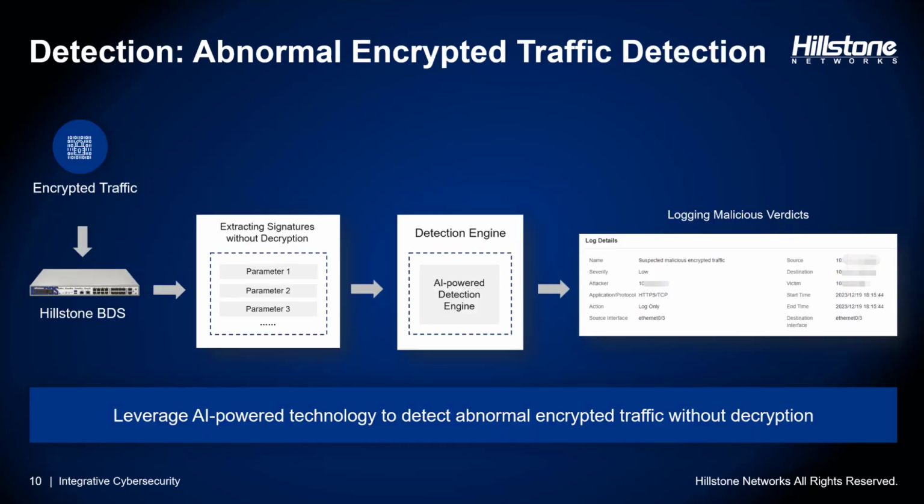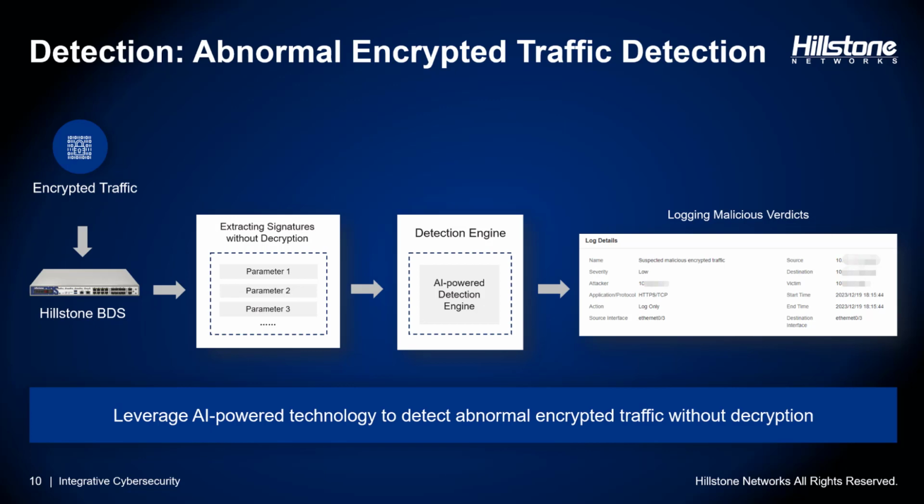In today's digital world, encrypted traffic is everywhere, creating both security and privacy concerns. And one of the key challenges in detecting abnormal encrypted traffic is the inability to inspect the contents of encrypted packets without decryption.